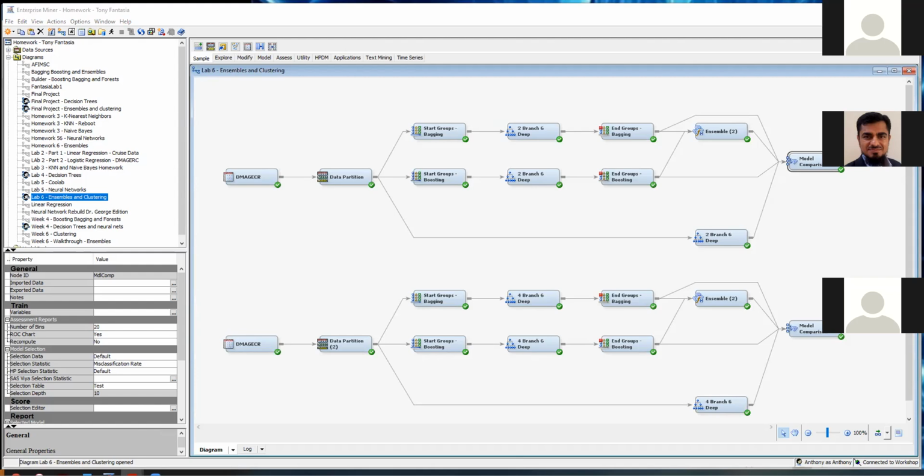Which one is it? Screenshots. Where are my instructions? Why can't I find that PDF right now? That's bugging me. Let me open it for you.